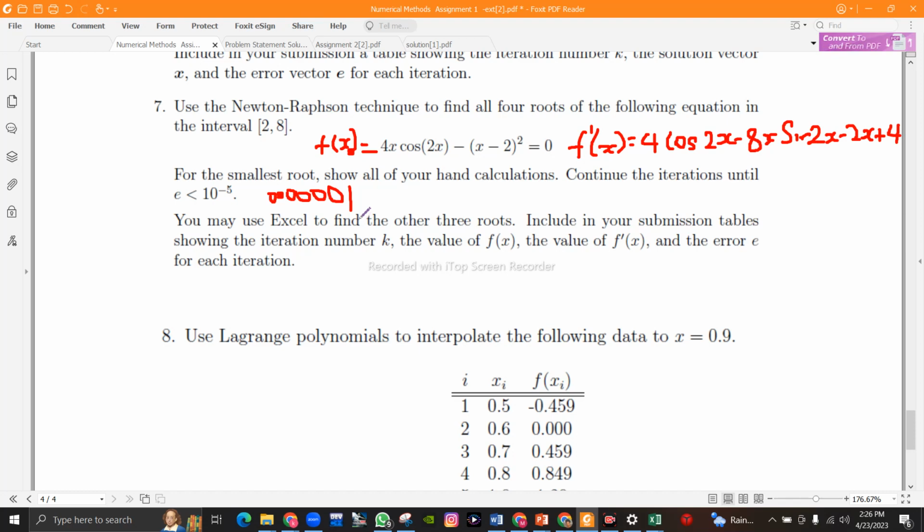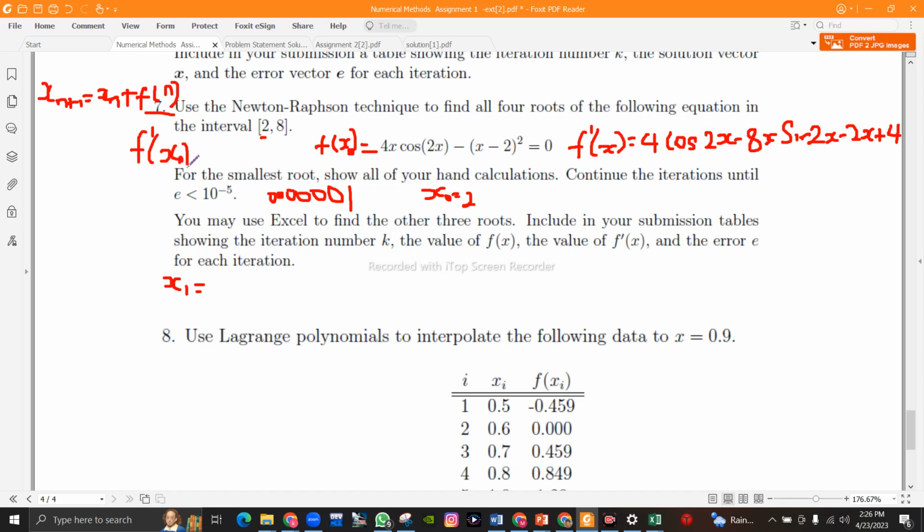So let's start with x naught, the initial guess, to be equals to 2, sorry, the smallest interval. So that means our x1 now, the formula is x n plus 1 equals x n plus f of x n divided by f prime of x n.